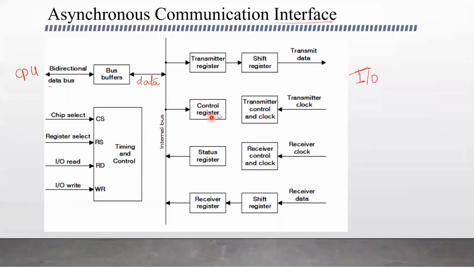This mode of transfer defines the baud rate, meaning the number of bits transmitted per second, and the total number of characters, including the number of stop bits. A stop bit may be a single stop bit or two stop bits, as I told you. The number of stop bits added to the data is determined by the control byte stored in the control register. So for controlling the operation of transmission, we have this control register.